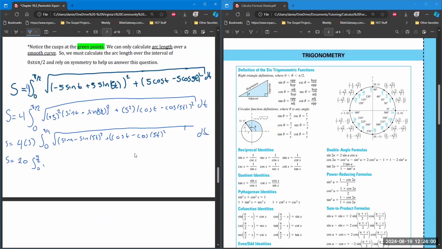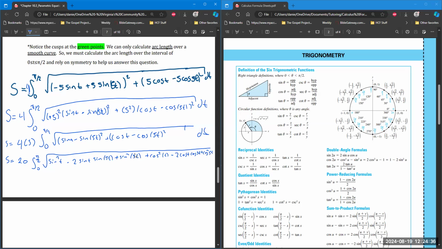So square root of, this is going to be sine squared t, and then minus 2 times sine of t, sine of 5t, plus sine squared of 5t, plus cosine squared of t, minus 2 cosine of t, cosine of 5t, plus cosine squared 5t dt.